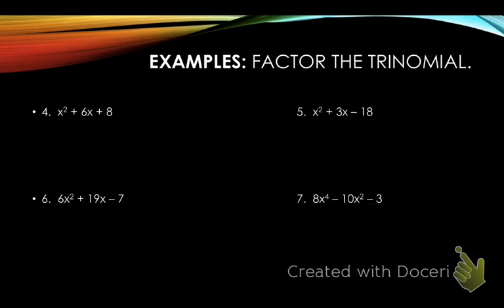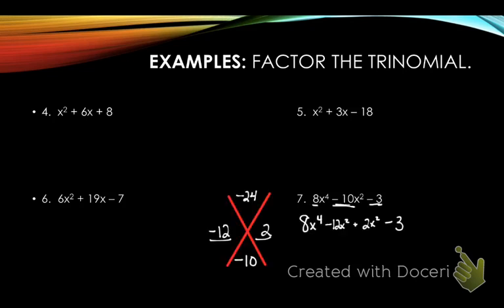What can I factor out of 8x to the 4th minus 12x squared? What coefficient can I factor out? 4x to the 2nd. What am I left with? 2x to the 2nd minus 3.